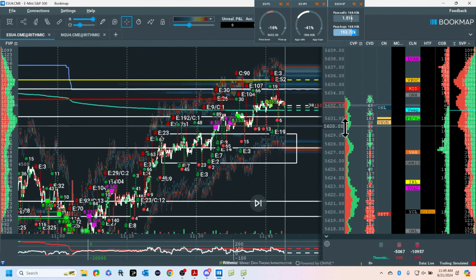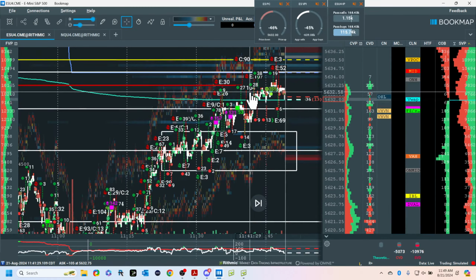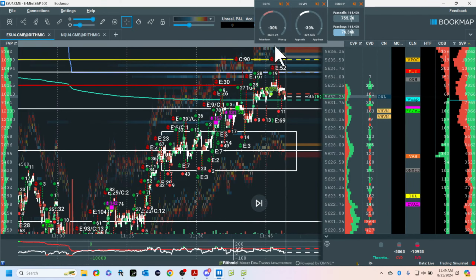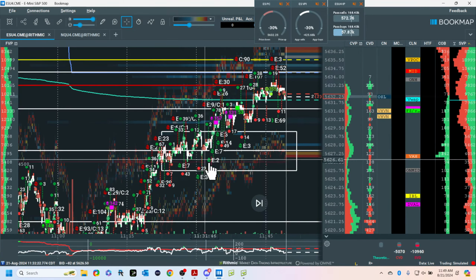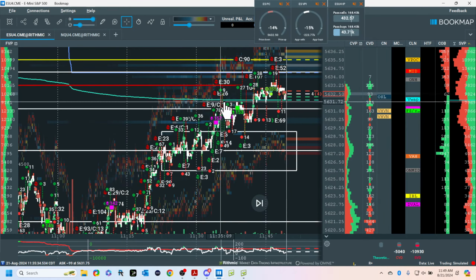So let's watch here. Microstructure is right there. We're still trying to get up here, okay? Now, again, what do you do with this? We know this is too low. We have a consolidation here.